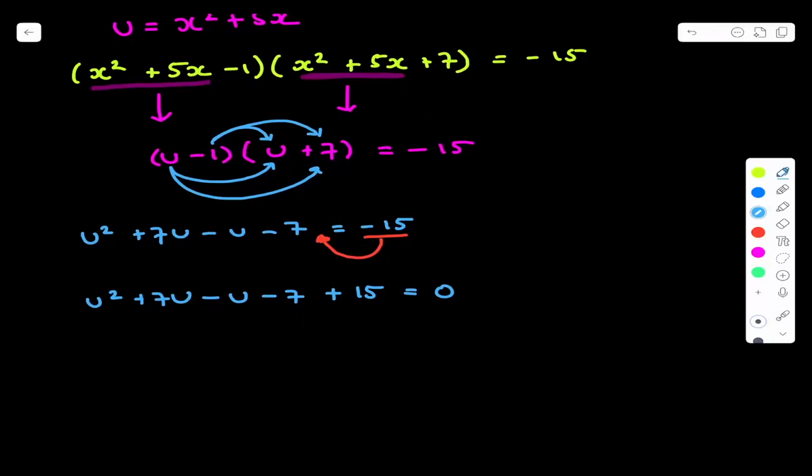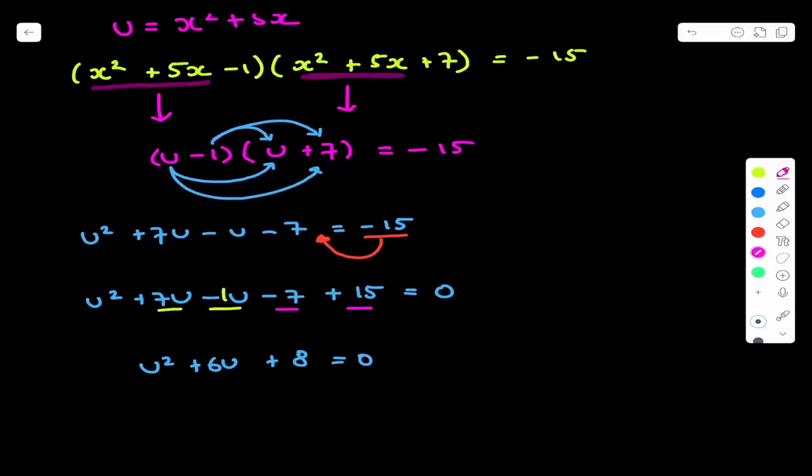Now we could collect like terms. So 7u take u, remember there's a 1 here, is positive 6u. So we would have u squared plus 6u, and minus 7 plus 15 is positive 8. So we have u squared plus 6u plus 8 equals 0.